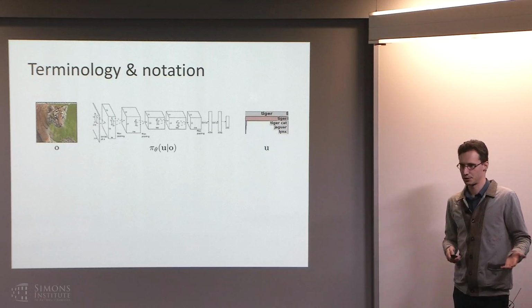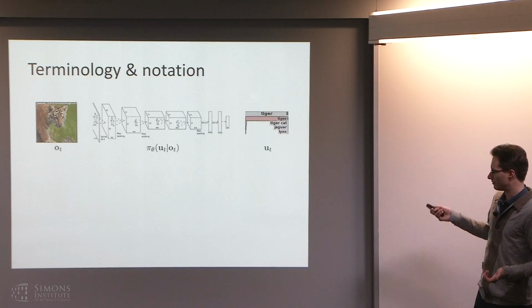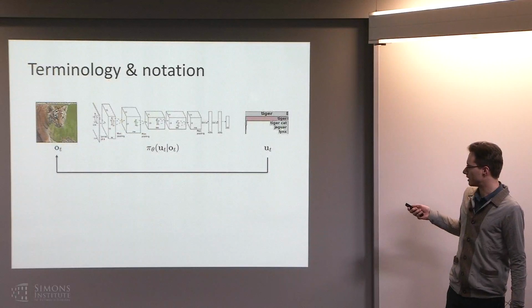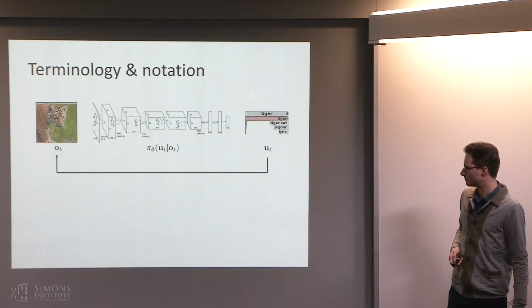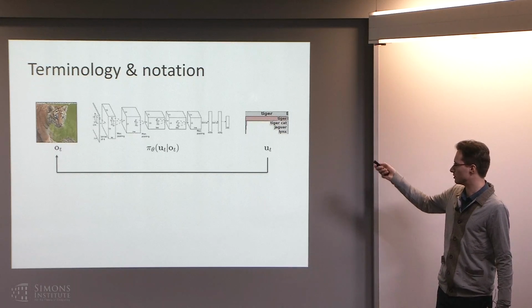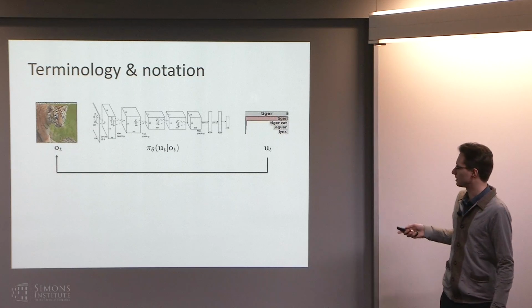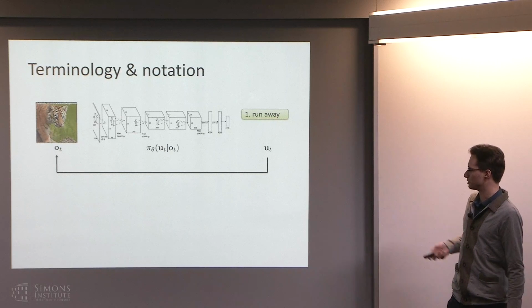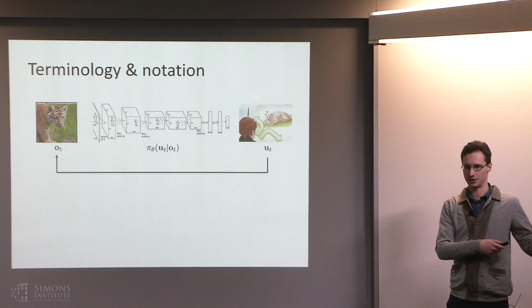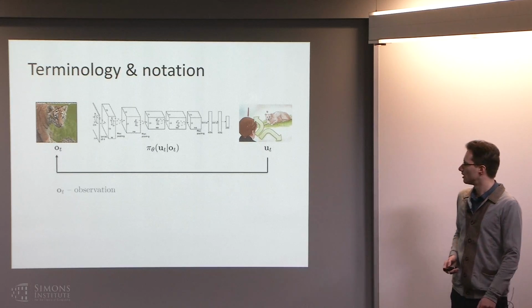In a sequential decision-making setting, we're going to have a sequence of observations and a sequence of actions. So we'll put these little subscripts t on everything to get that across. And the action that we take is going to affect the next observation. So instead of classifying this image with a semantic label, we might have a selection of actions, maybe a discrete selection, or maybe a continuous selection, like we can decide which way to run when we see the tiger.